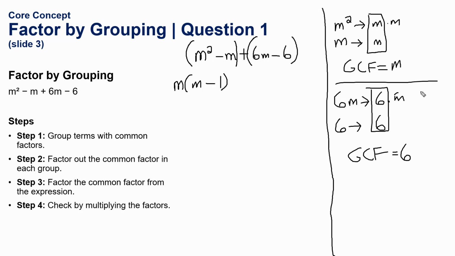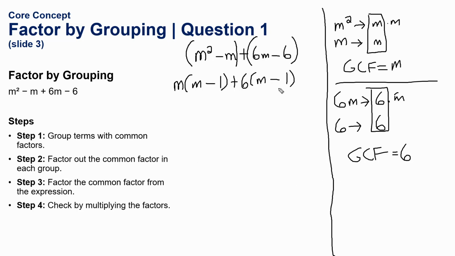Okay, so 6 goes on the outside of the parentheses, and on the inside would be, if I did 6m divided by 6, the letter I end up with is m, minus 6 divided by 6 is also 1. So now I have m parentheses m minus 1 plus 6 parentheses m minus 1.